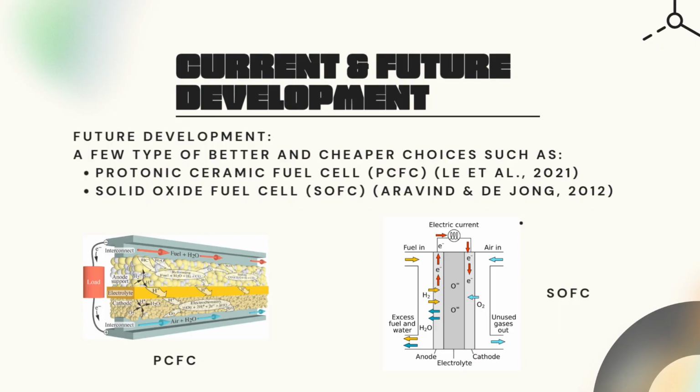As for the future of fuel cells, we'll be looking towards cheaper and better choices, such as ceramic-based fuel cells like the protonic ceramic fuel cell, PCFC, and also the solid oxide fuel cell, SOFC, that are now being developed, which could make fuel cells cheaper, more robust, and capable of using a wider range of fuels and not just pure hydrogen.